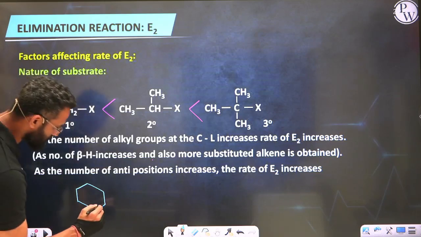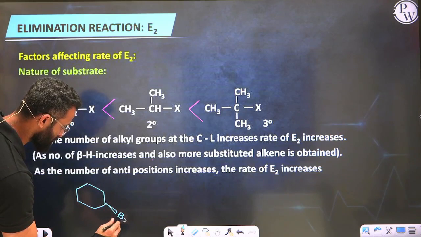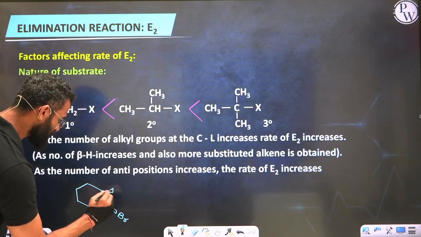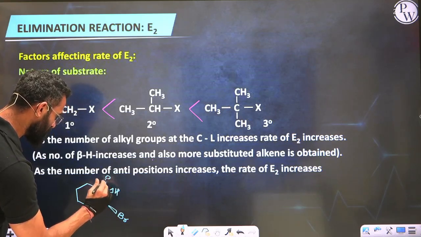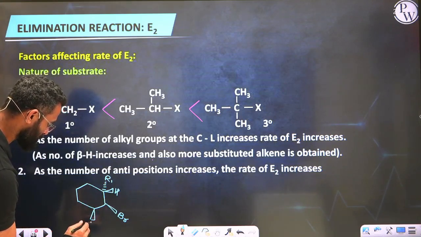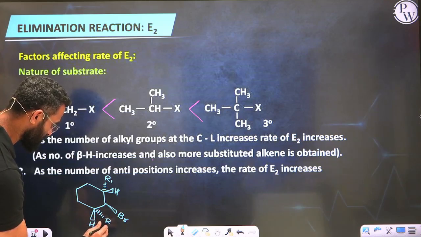Let's say here we have a leaving group, bromine. Okay. And here R1 and R2. This is one arrangement.